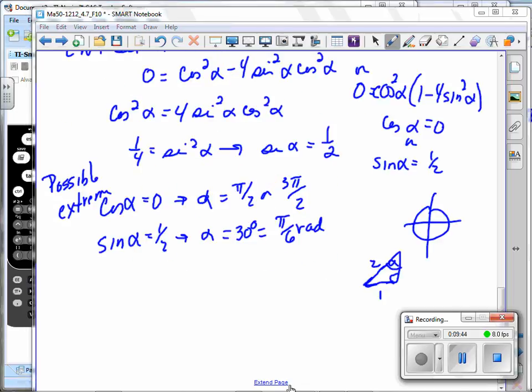Go back and do that. Okay, so we have possible extrema at this point. So now we have to do what? Take the second derivative. Okay, anyone have that done?